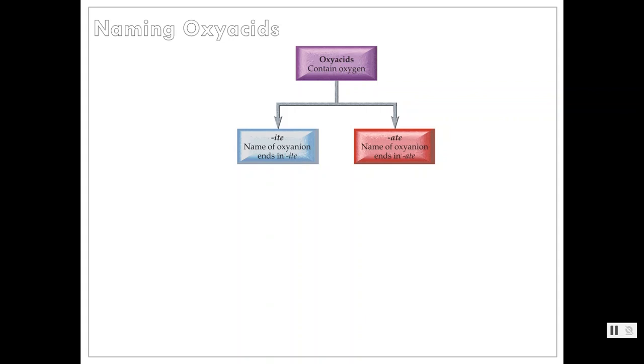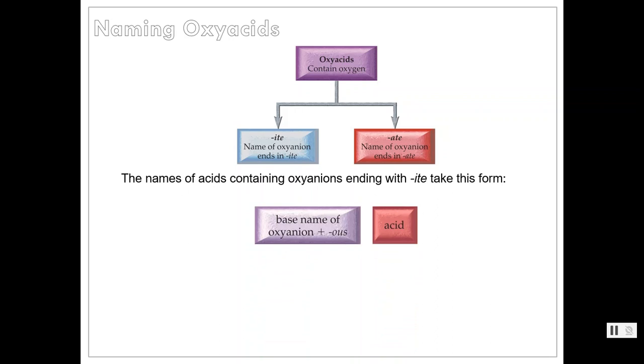The reason why you have to ask yourself what that name is, is because the name of that polyatomic helps dictate the name of the oxyacid. Specifically, if the oxyanion attached to that hydrogen ends in "ite," then the name of the acid is going to end in "us" acid.